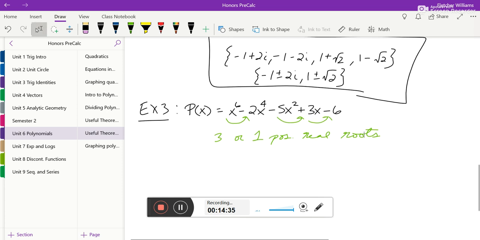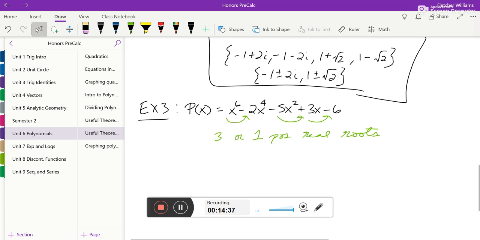If we want to find out how many possible negative real roots, we would need to plug in negative x, and so all the even exponents will stay the same because negative x to an even exponent, the negative will just go away. But we'll change all the odd exponents.